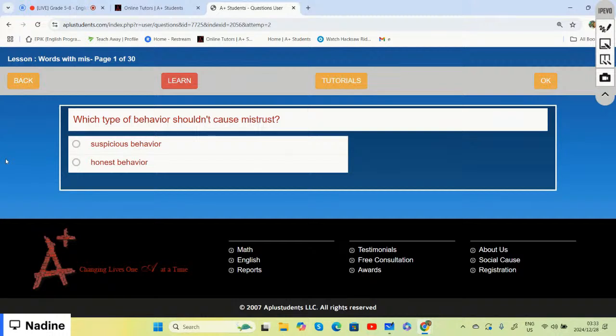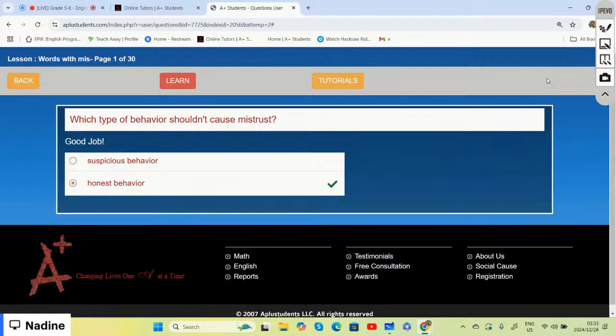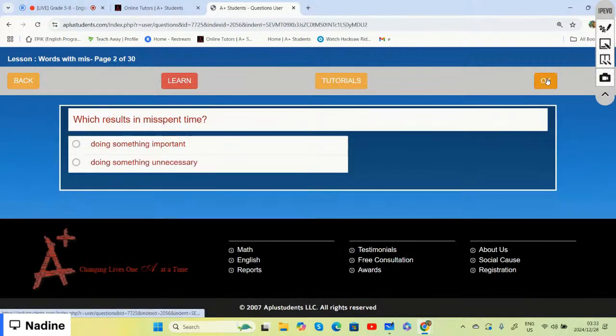If we were to choose the correct option, we would say honest behavior, which is option 2. Honest behavior should not cause mistrust.